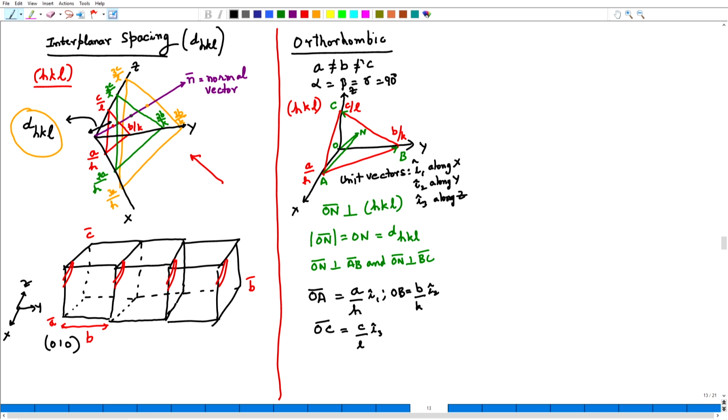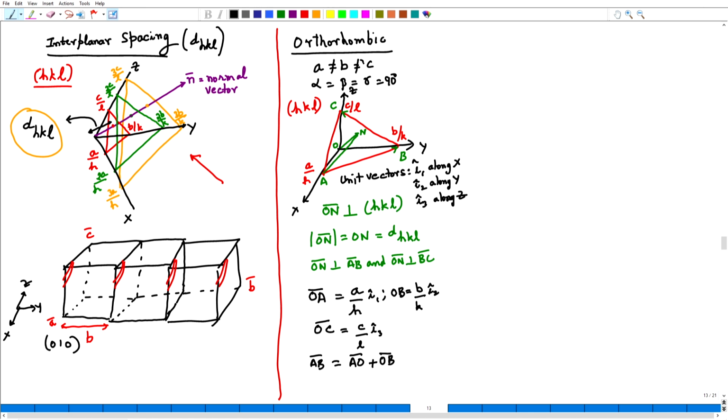So, let us first consider vector AB. To go from point A to point B, I can go along the vector AO and then along the vector OB, which means I can write AB as the sum of these two vectors, AO plus OB.